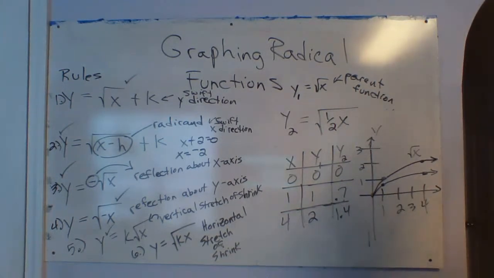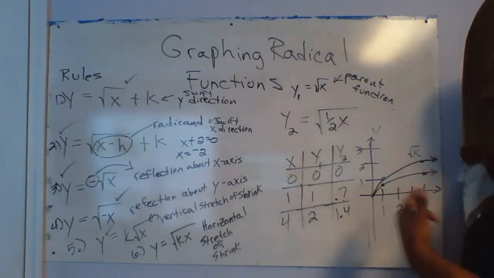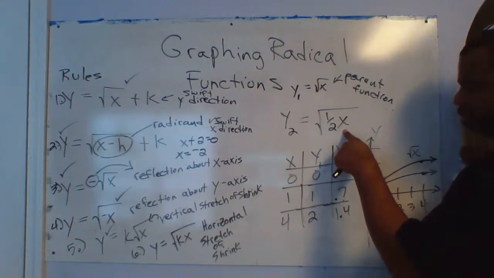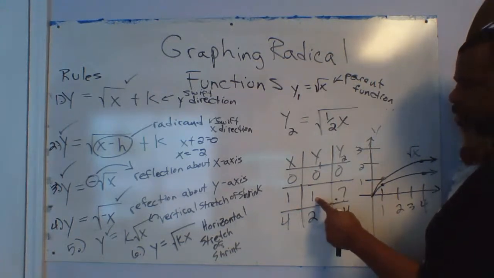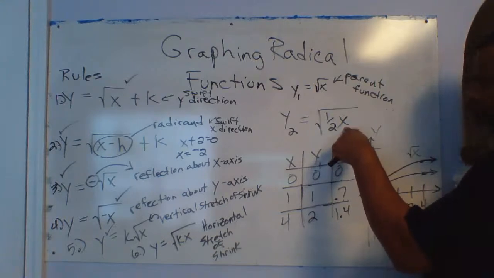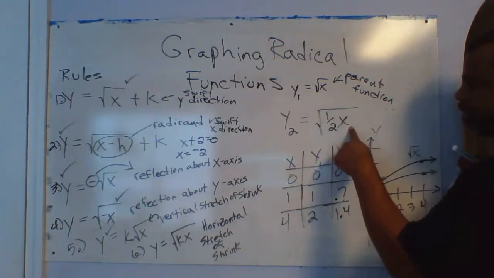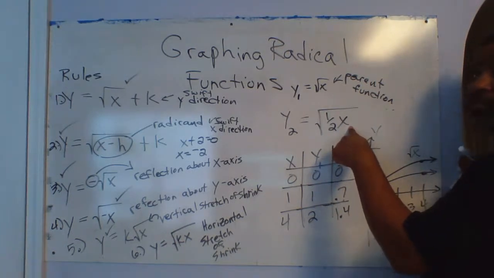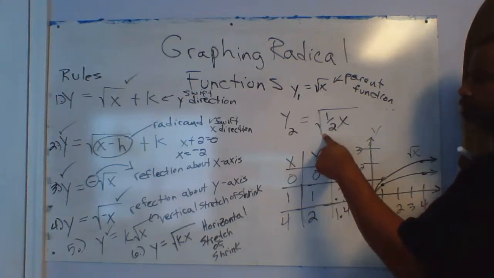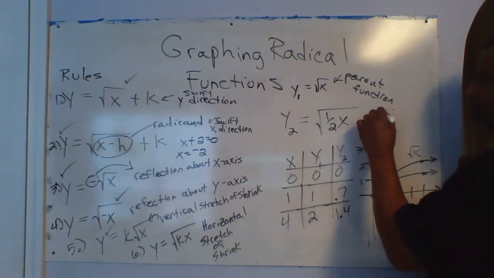Okay, so I would have to go out further. So in order to get 1, I have to make this bigger. So in order for this to equal 1, shouldn't I have to make this equal to 2? So in order for this to equal 2, shouldn't I have to make this equal to 8? Because half of 8 is 4, and the square root of 4 is 2. So this is a horizontal stretch.